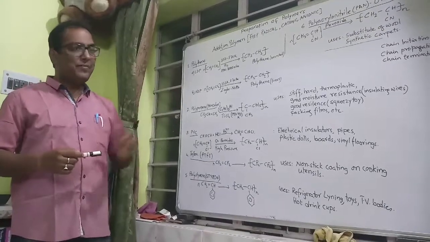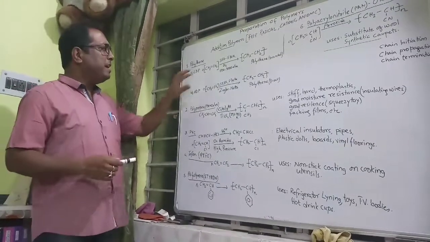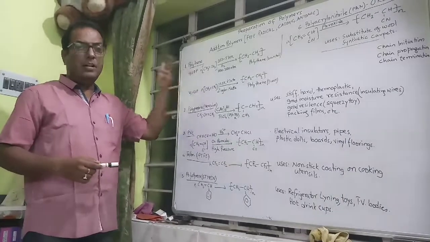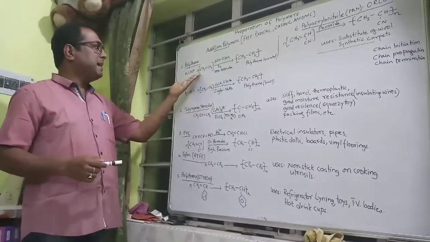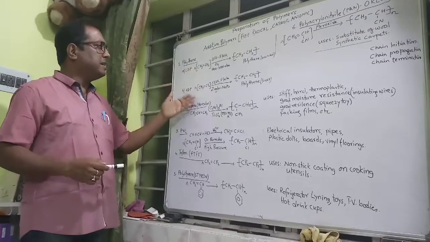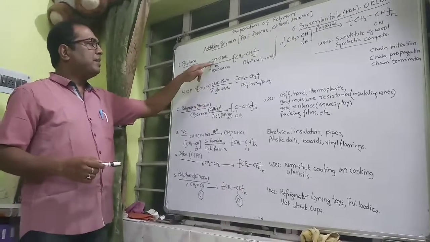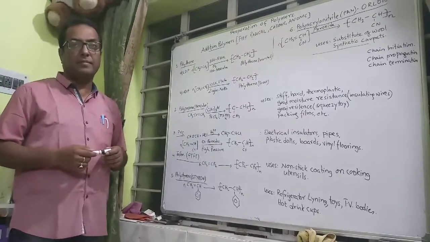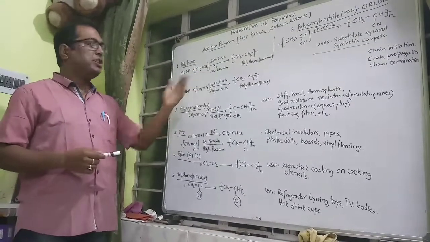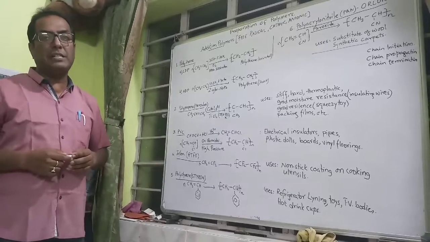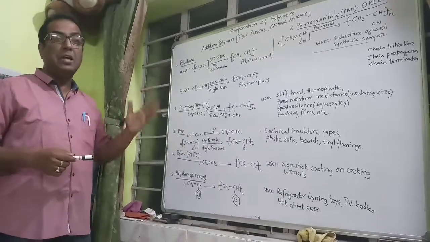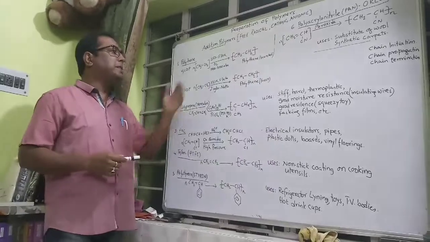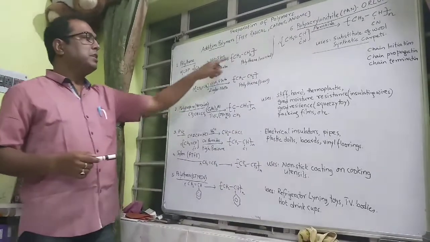What is the main difference between the two? Here we take ethene or ethylene, whatever you say, the same ethene here and here. A temperature of 350 to 570 Kelvin is given in the presence of oxygen, at a very high pressure, 1000 to 2000 atm. Then we get this polythene.